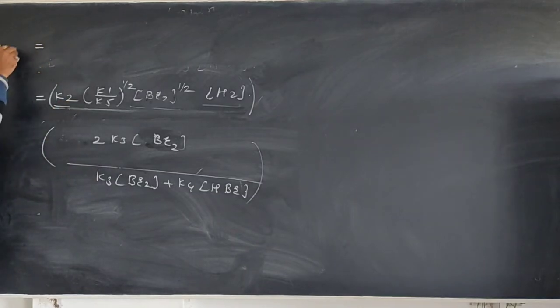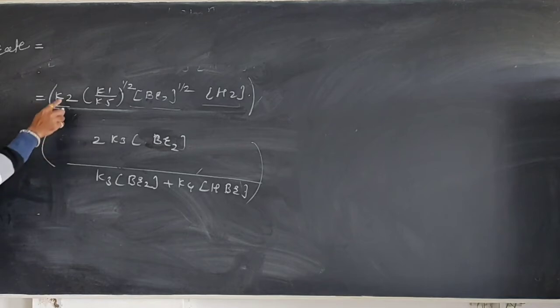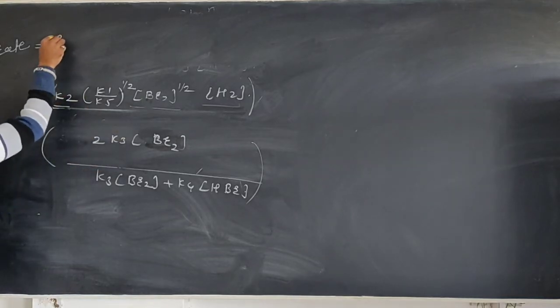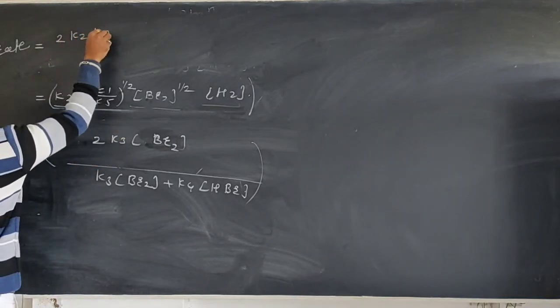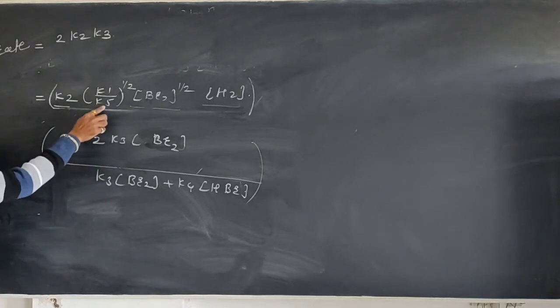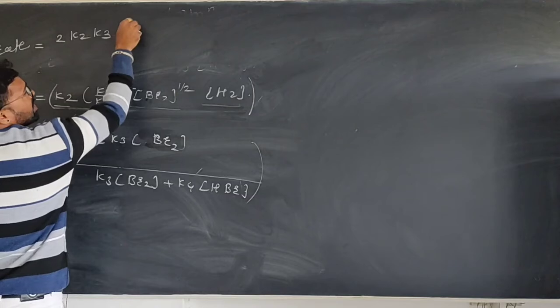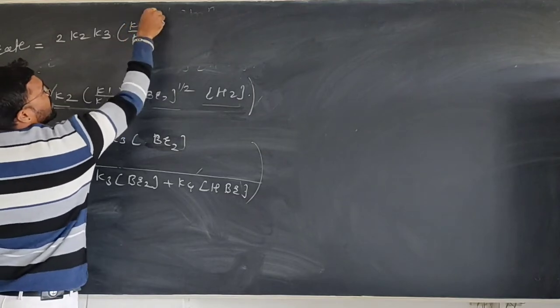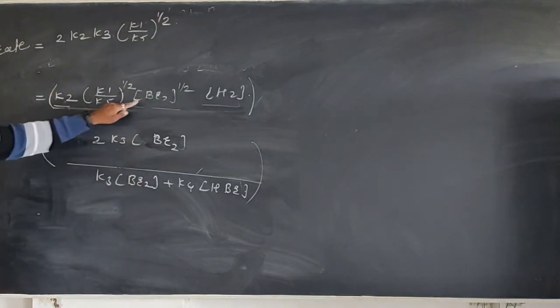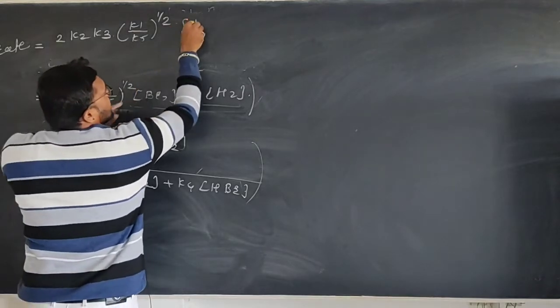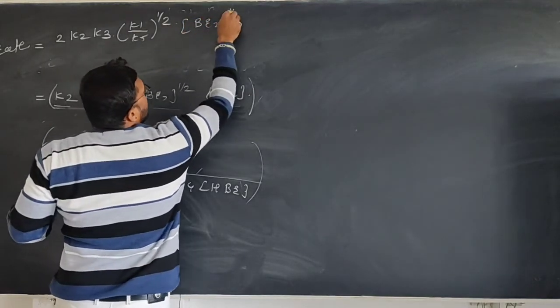Now the net rate of formation of product is equal to 2 into K2 into K3, remaining which one term? 2 into K2 into K3 into K1 upon K5 raised to half into the bracket Br2 raised to half, right?